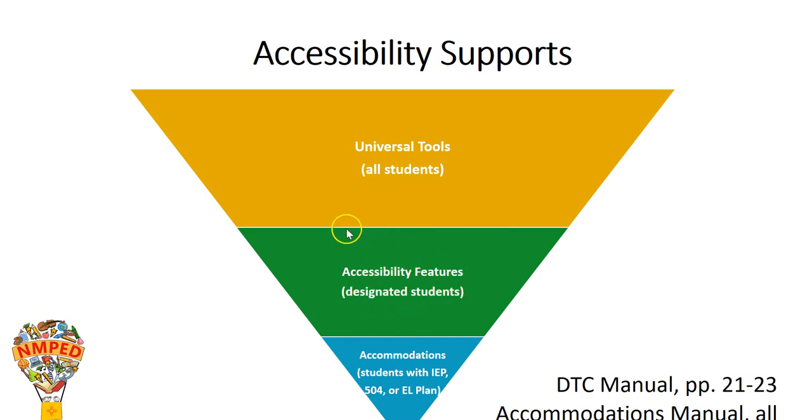So there will be certain ones where you want a blue background, you want a pink background, whatever is normally happening for that student, not just because they like pink and blue because that's their favorite color. And then you have those that are available because of an accommodation or a status, such as an IEP, a 504, or an English language learner plan.